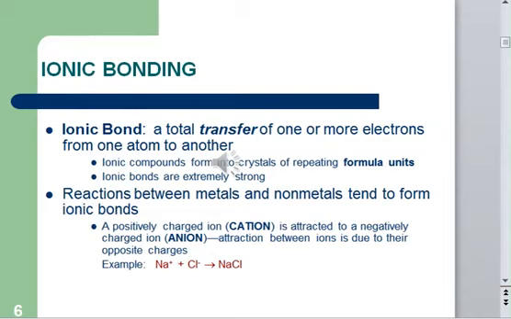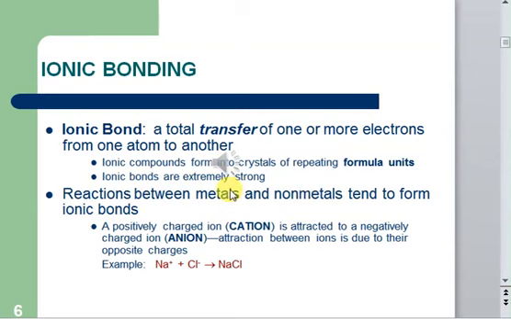They can lose electrons easily, while non-metals from groups 5, 6, 7 tend to accept electrons very easily. That's the important thing you should know about ionic bonds. An ionic bond is not formed between all types of elements. It is necessary that it is formed between a metal and a non-metal, because metals are very good losers of electrons.